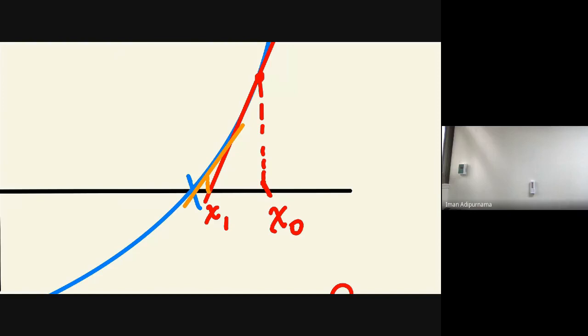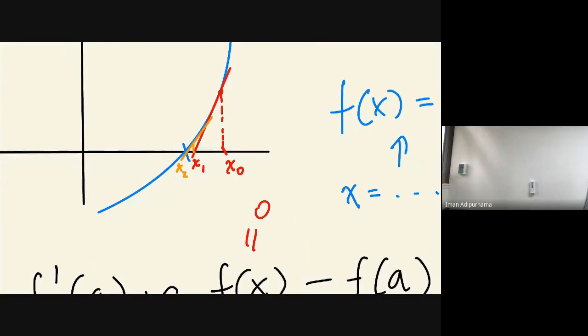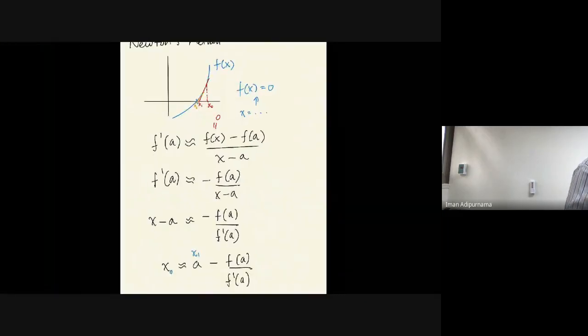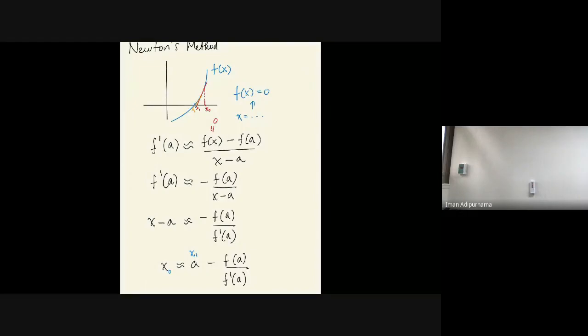So let's write this as x2. Newton's method is, until this day, still useful in some software iterations for computational purposes. So you can have as many as you want.